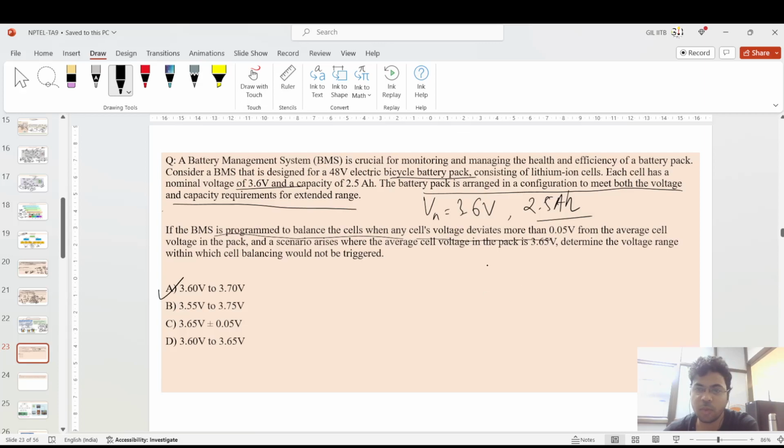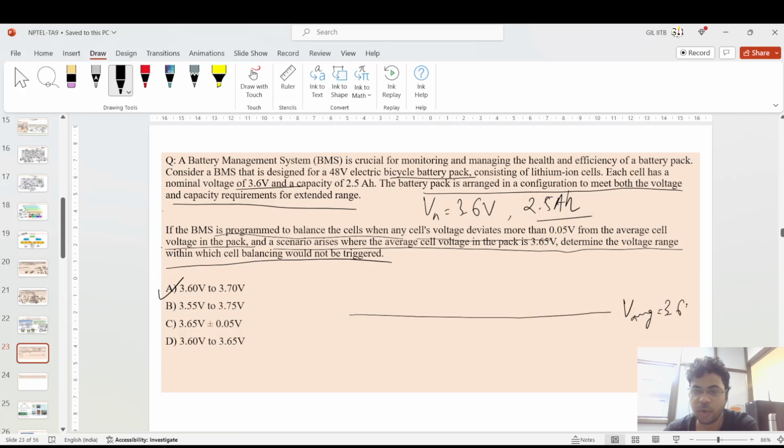That is true. And the BMS is programmed to balance the cell when any cell deviates by more than 0.05 volt from the average voltage in the pack. A scenario arises when the average pack voltage is 3.65 volt, and we must determine the voltage range within which cell balancing would not trigger.